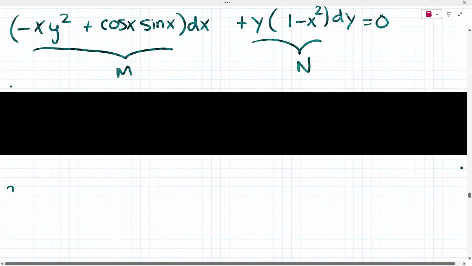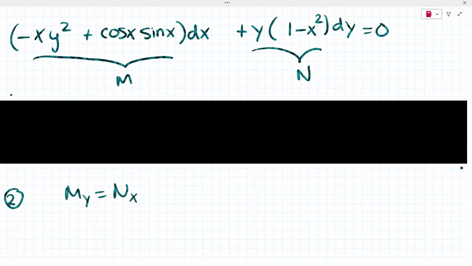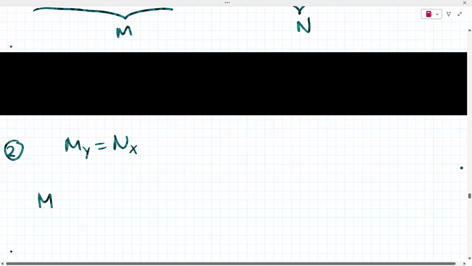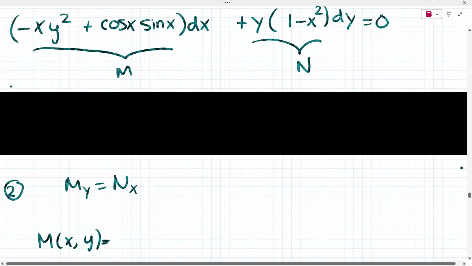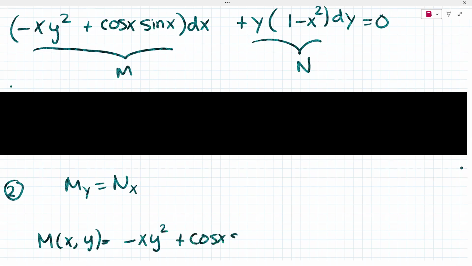So step 2, does M of y equal N of x? So my M of x, y is negative xy squared plus cosine of x sine of x.